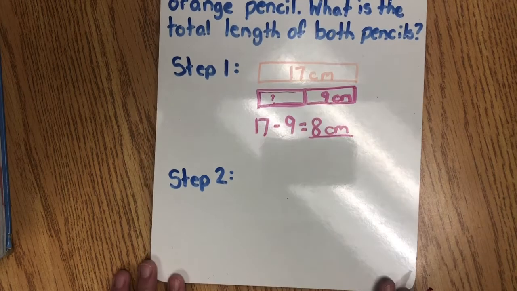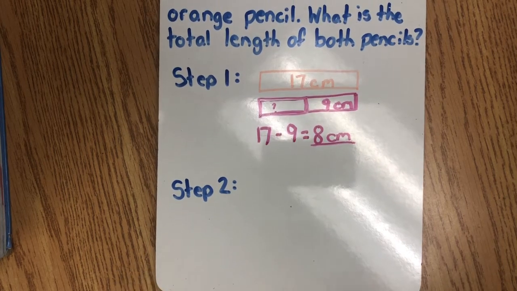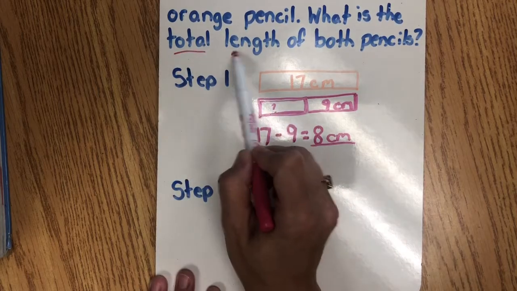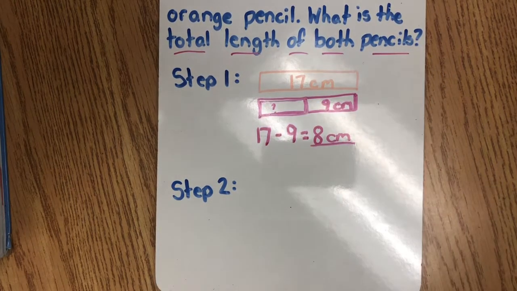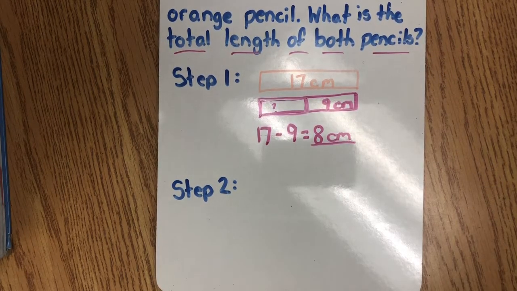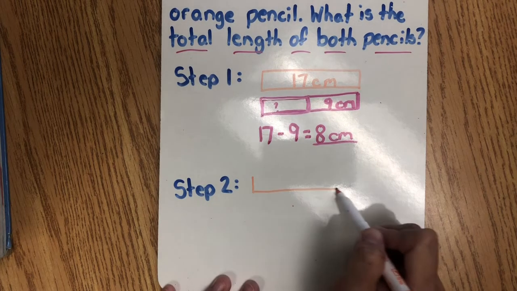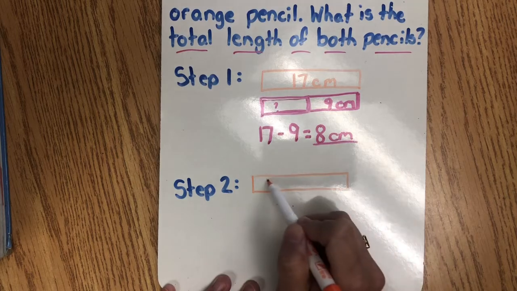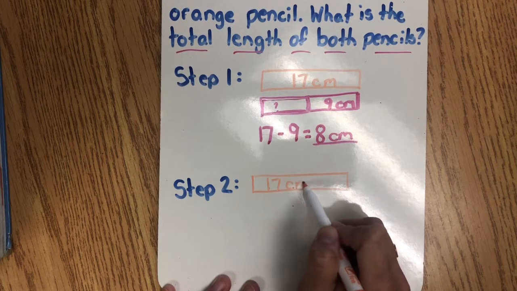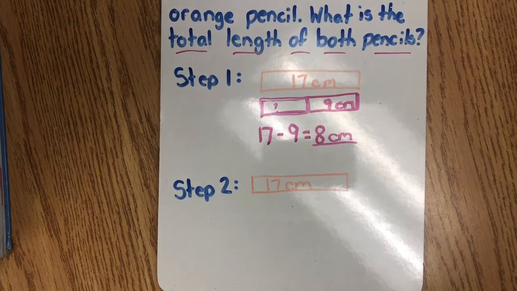Step 2. Remember, we're trying to figure out the total length of both pencils. Can we do that now? Do we know the length of the orange pencil? We sure do. We know the orange pencil is 17 centimeters. Do we know the length of the pink pencil now? Yes.